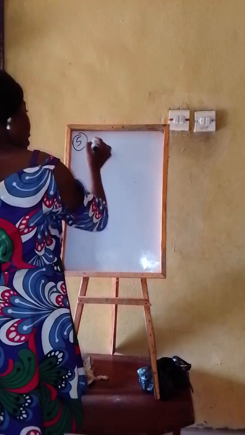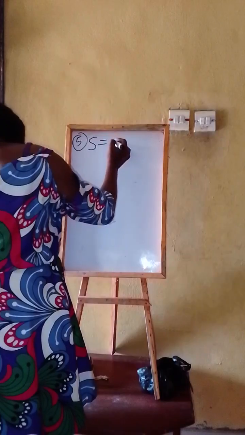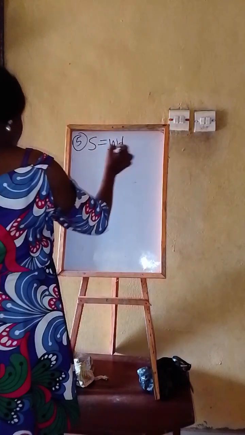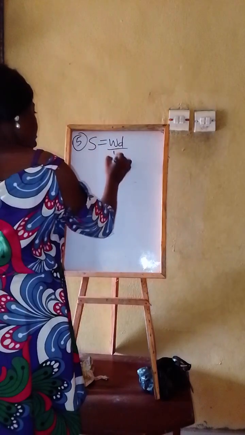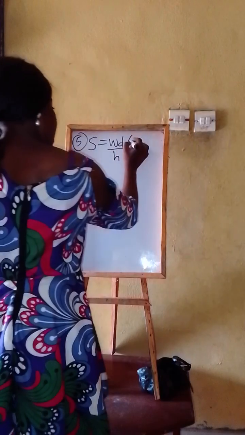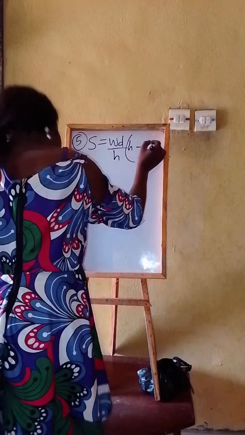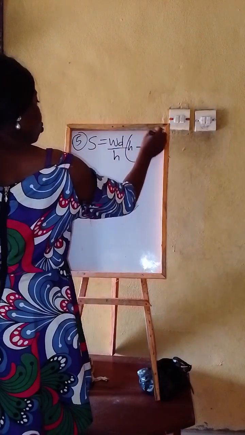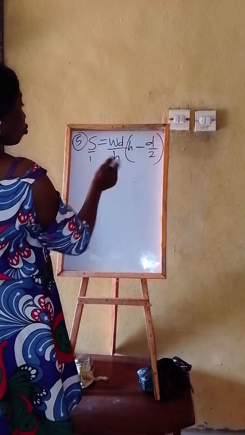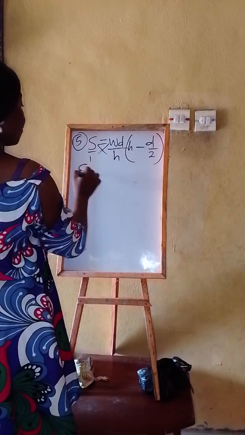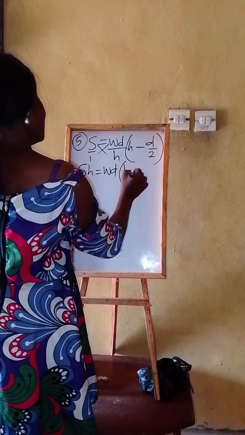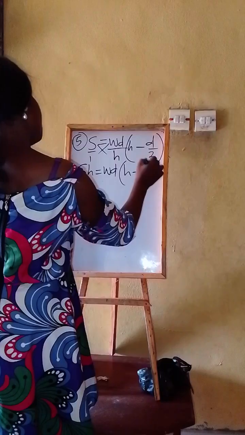We have S equals to WD over H into brackets H minus D over 2. The next thing you do is to cross multiply. We have SH equals WD into brackets H minus D over 2.